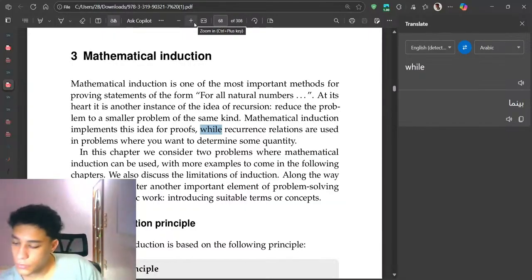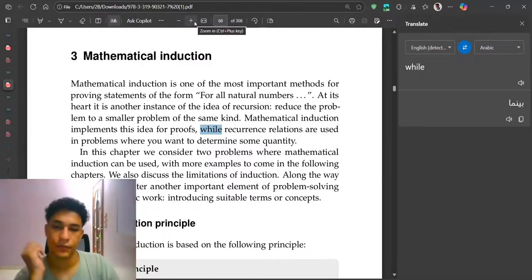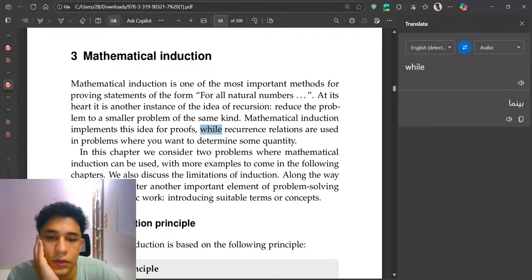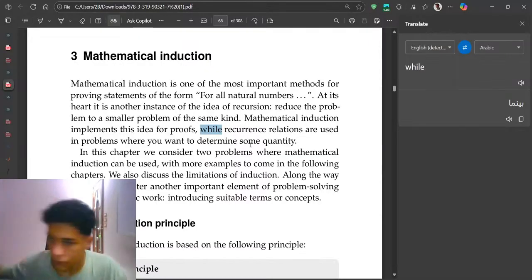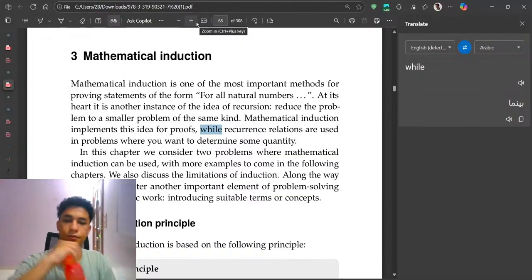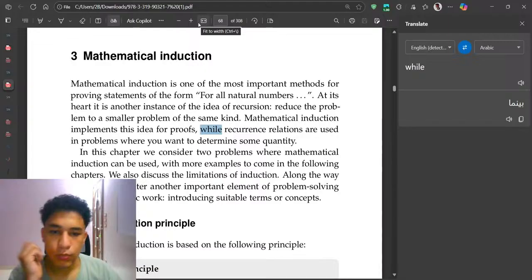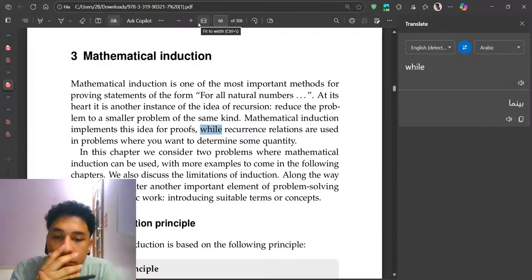What does this mean? No idea. Doesn't it kind of low-key not make sense? While recurrence relations are used in problems where you want to determine some quantity.